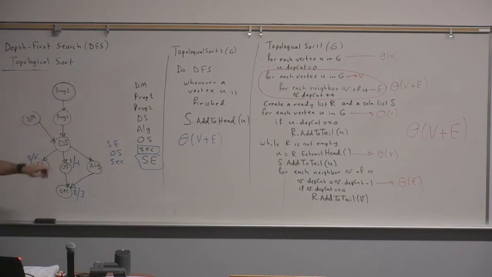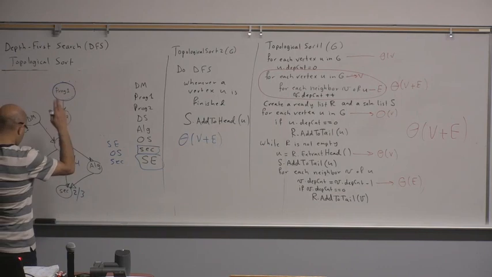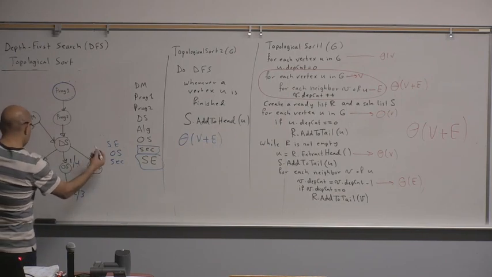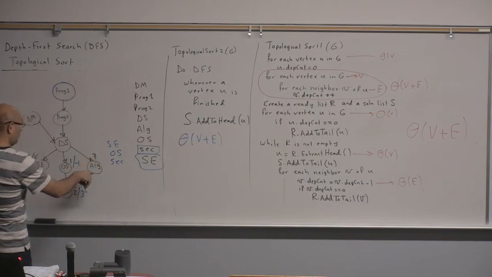Okay, so it's giving a different solution, but it's still valid because whenever we put a vertex, we know that everything that depends on it, if any, has been already placed beneath it. Okay, so another bad source is algorithms, maybe 7.